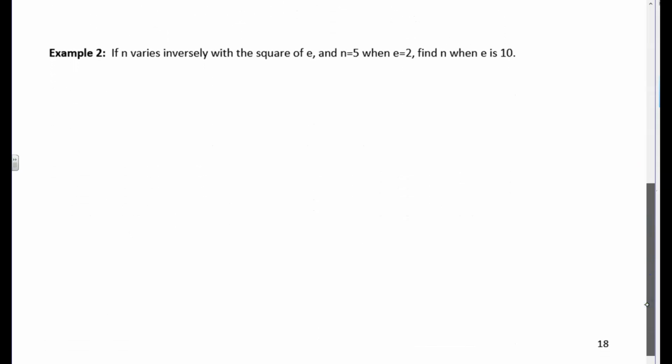This is where our variables get a little bit more complicated. If n varies inversely as the square of e, let's write that out. N varies inversely means we have k over the square of e. That means we're going to have e squared. Okay, so that's my basic equation.